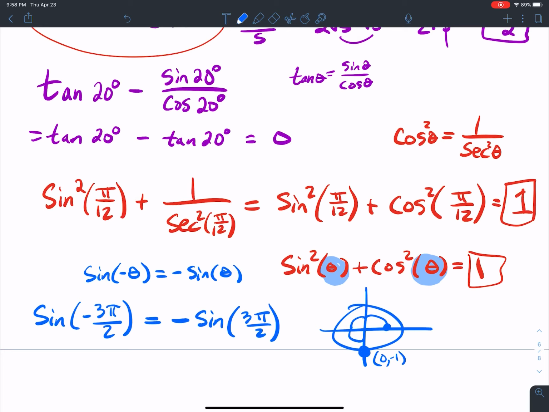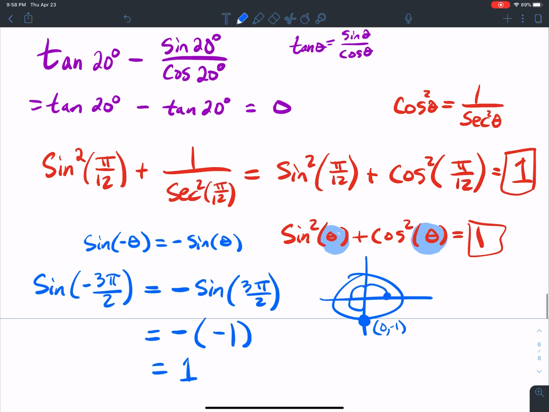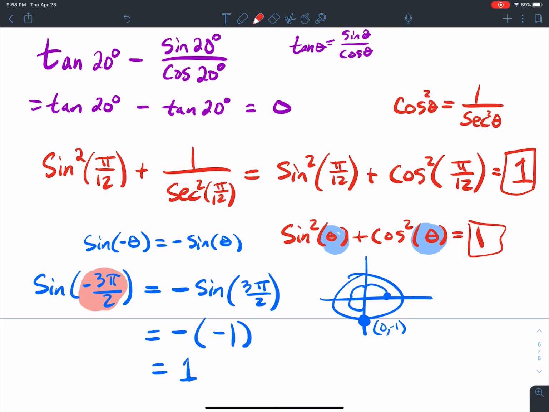So this is negative 1, so it's negative 1 makes a positive 1 right there, okay? And if you think about it, since this is negative, that's rotating in the clockwise, so I would rotate in the clockwise until I got up to here, and that's why this value is actually 1 here.